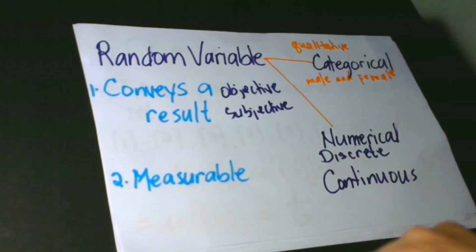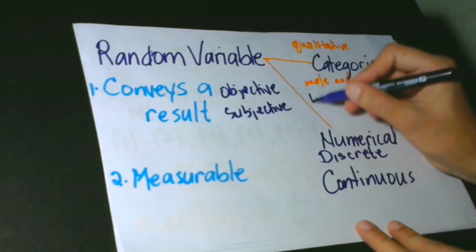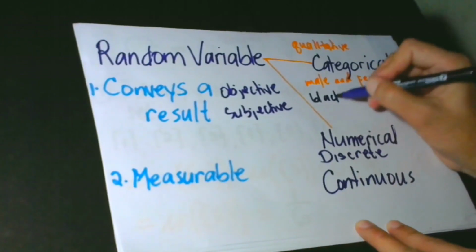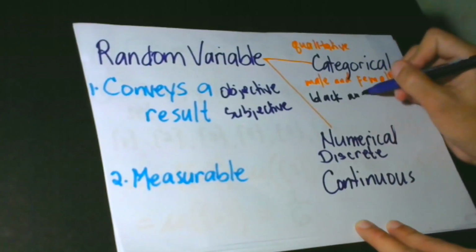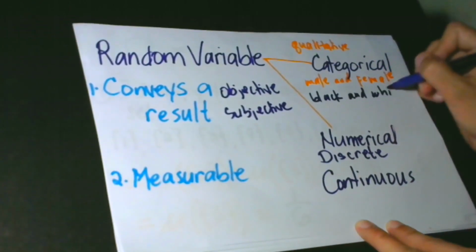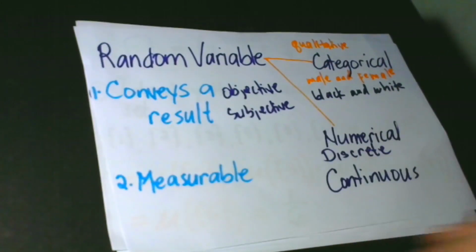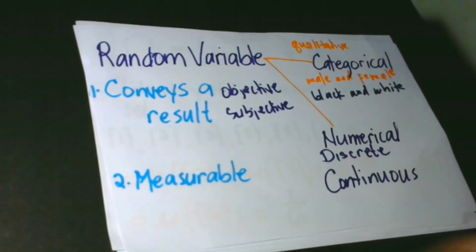Another example is black and white. So let me write here, black and white. Obviously, if you choose black, then you cannot choose white, or if it is white, then it is not black. Make sense? Do you have some questions?